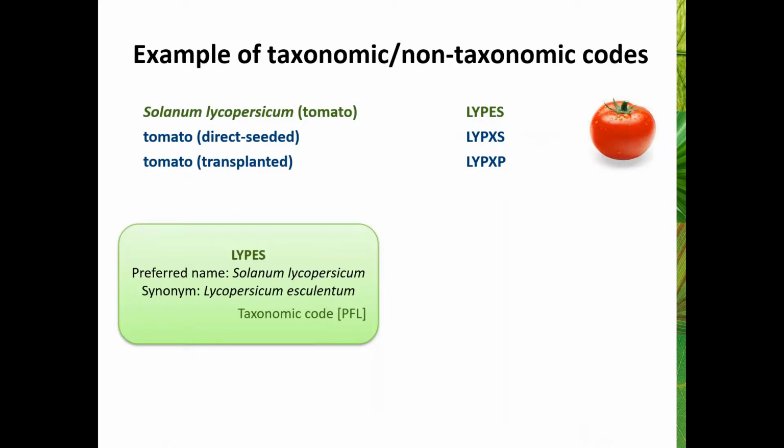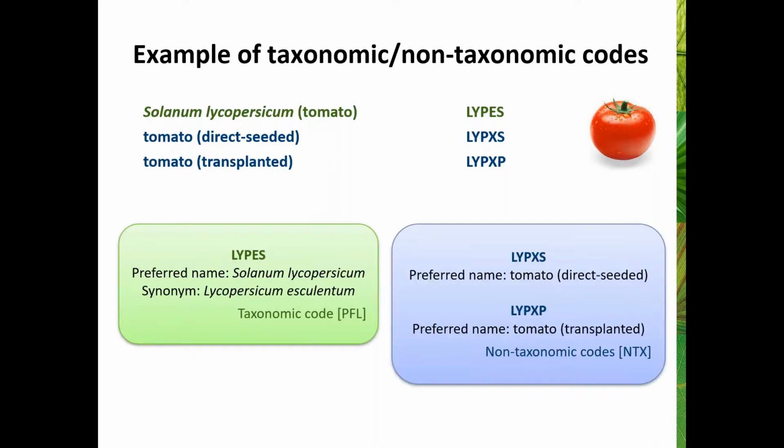So just to give you an example of what we call a taxonomic code and a non-taxonomic code. If we take the example of tomato, in the taxonomic part of the database, the taxonomic code is LIPES, that is the code that is associated with the scientific name of a tomato, so Solanum lycopersicum, and with its synonym.